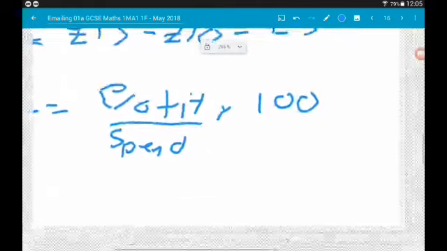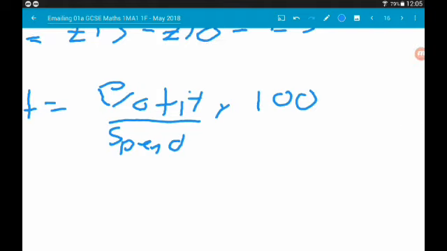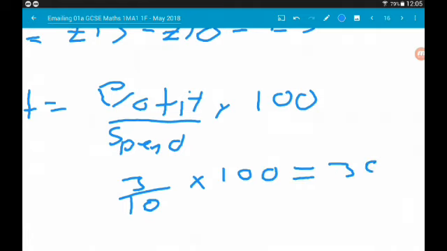So profit was £3, she spent £10. So this is 3/10 times 100, which gives us 30%.